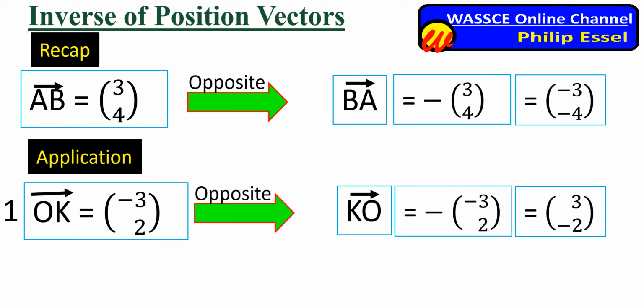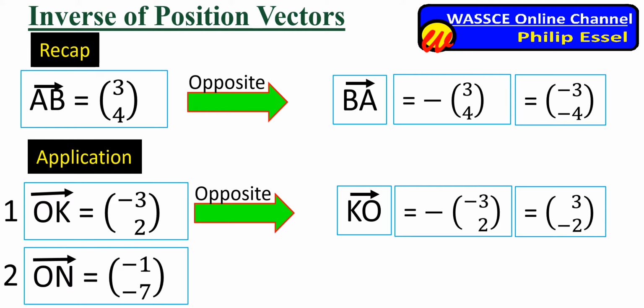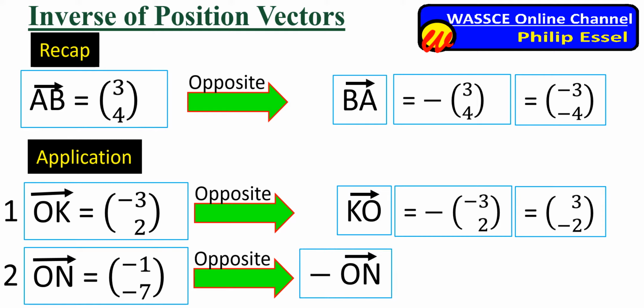Let's take example 2. The position vector ON equals negative 1, negative 7. The opposite of this vector would be the negative of the vector ON, or just flip it to get vector NO, so that you would get rid of the negative sign.